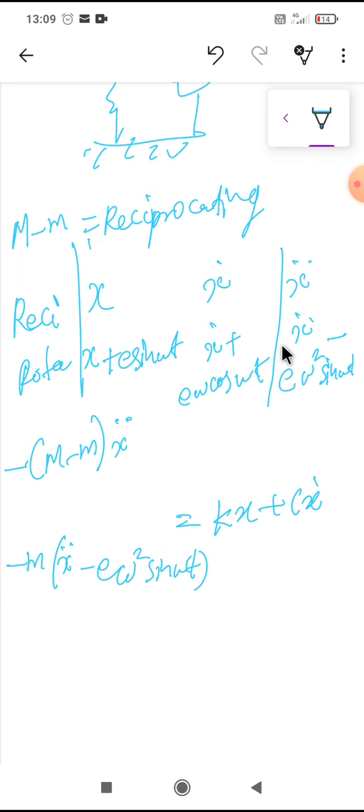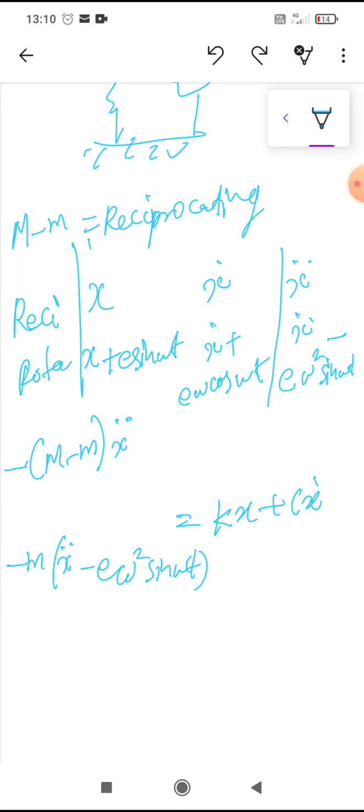Because we know that the formula for force is F equals ma, and instead of a we can write x double dot here. So that is only what we have used, nothing else. I hope you got what I'm trying to say. It's nothing but the summation of all the forces according to Newton's law.